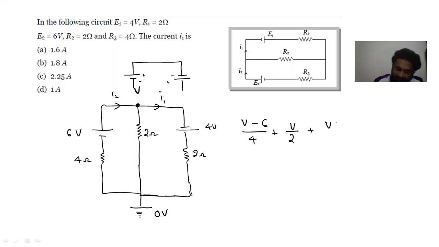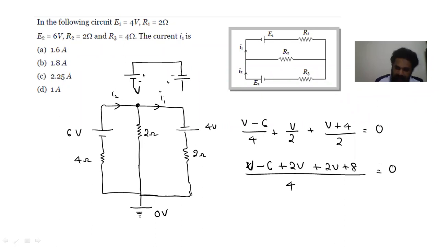So when minus comes here, I will put V plus 4 by 2. This is equal to 0. Clear? Now we will take LCM. 4 is the LCM. So V minus 6 plus 2V plus 2V plus 8 is equal to 0.